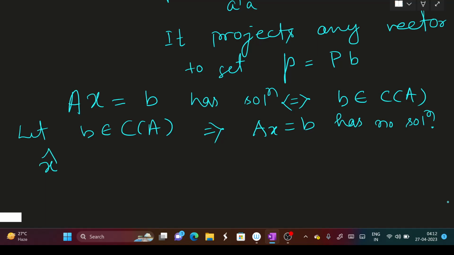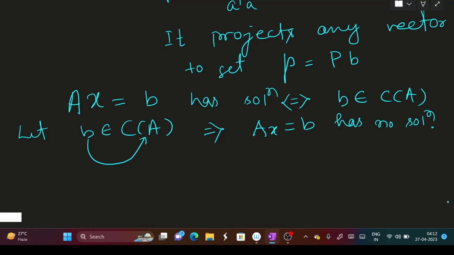First, to find this approximate solution, we will first approximate B by a vector in C of A. So I will find out a vector in C of A which is having least error with B. So what is my target then? So what I will do?